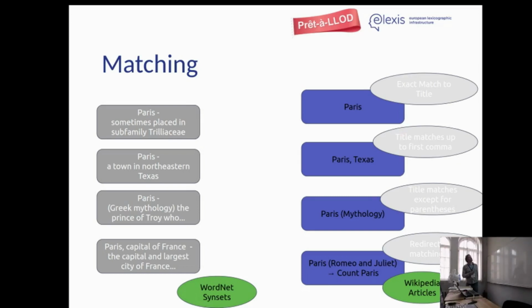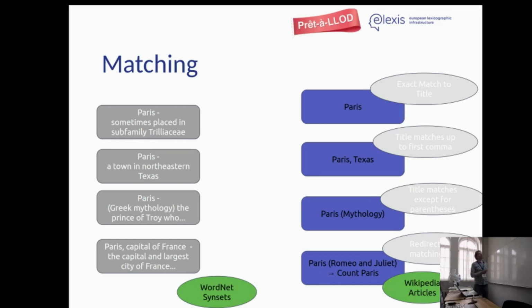But anyway, let's have an example of Paris. On the left we have some WordNet concepts that have the lemma Paris. We have a genus placed in a family, typically not a very good WordNet definition here. Paris, a town in northeastern Texas. Paris, mythology, the Prince of Troy. And Paris, capital of France, the capital and largest city of France.